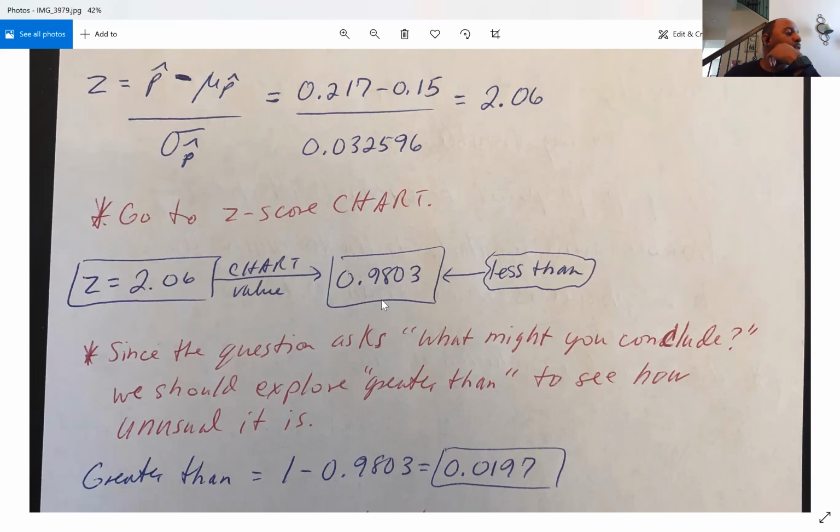As before, greater than is 1 minus your chart value of 0.9803, which gives us 0.0197.